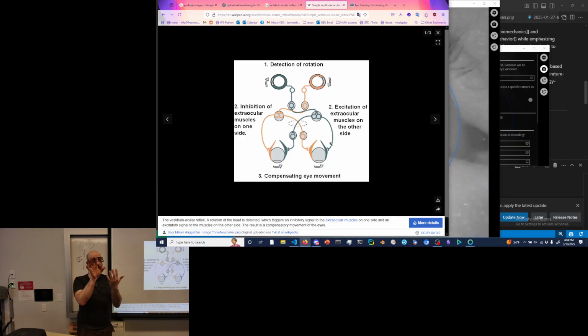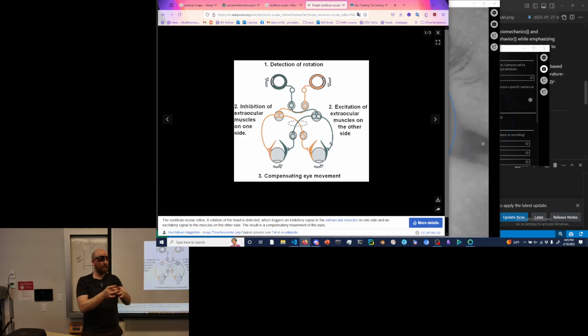As the gel wobbles, it is picked up by the hair cells, and that's part of how your nervous system tells that your head is moving. It's a specifically head-centric measurement that tells you the six-degree-of-freedom acceleration of your head, so translation and then rotation.